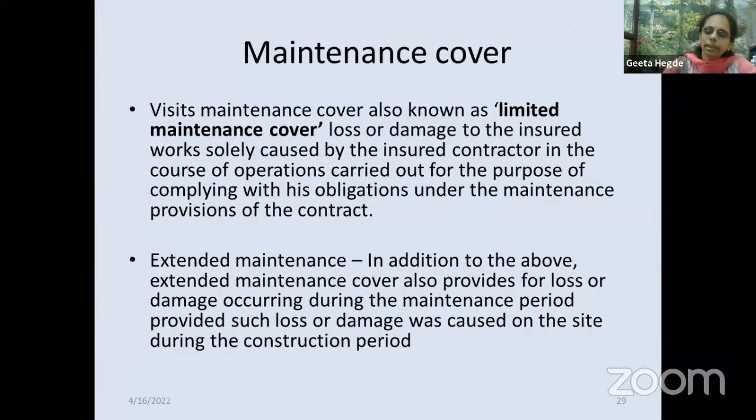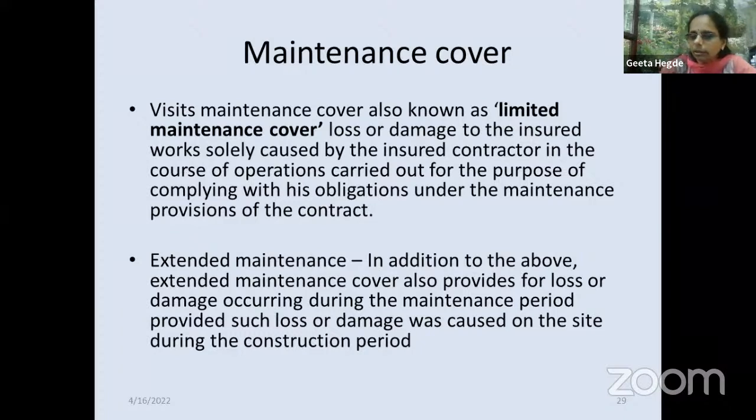So it means there was some defect which had taken place in the construction period and which results into a loss in the maintenance period. So the cause is not the maintenance period, it is only revealed in the maintenance period.